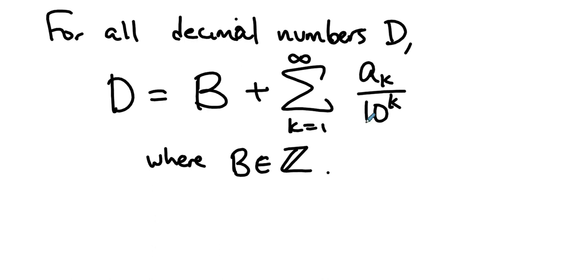This is the whole number part. This is all the stuff that happens after the decimal point, which should be pretty straightforward. So let's see if this makes any sense.